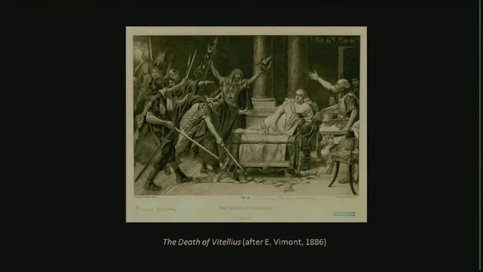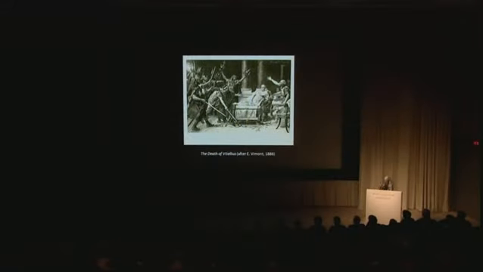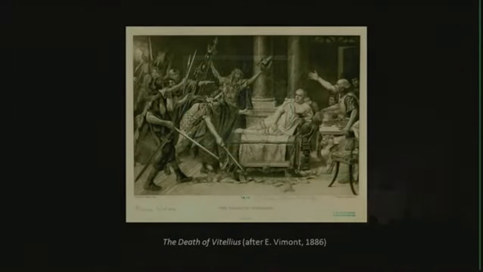And although it's maybe not clear on the screen, it is actually very emphatically labelled, as I've said, the death of Vitellius. Now, when you look at it, I think at first sight, your instinct will be that this scene has been dramatically censored since the 1840s.